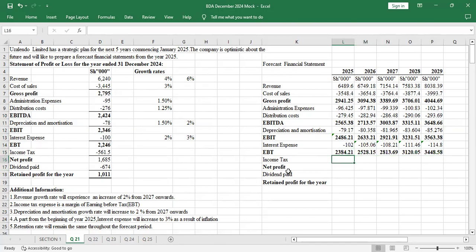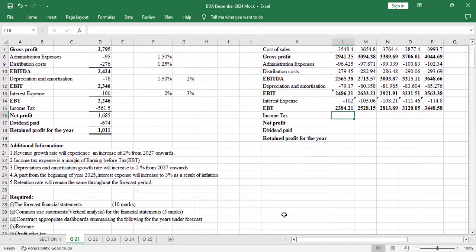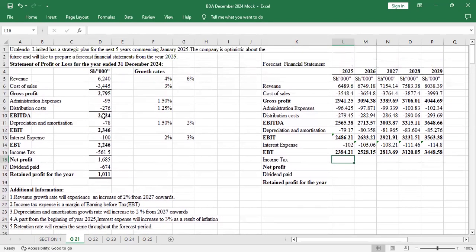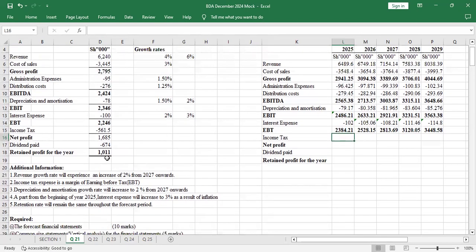Okay, so income tax expense, there's an information on income tax expense. We're told that number 2, income tax expense is a margin of earning before tax. So how will we know? We'll use the information provided to get the margin. So if income tax is a margin of earning before tax, then income tax divided by earning before tax gives the rate.